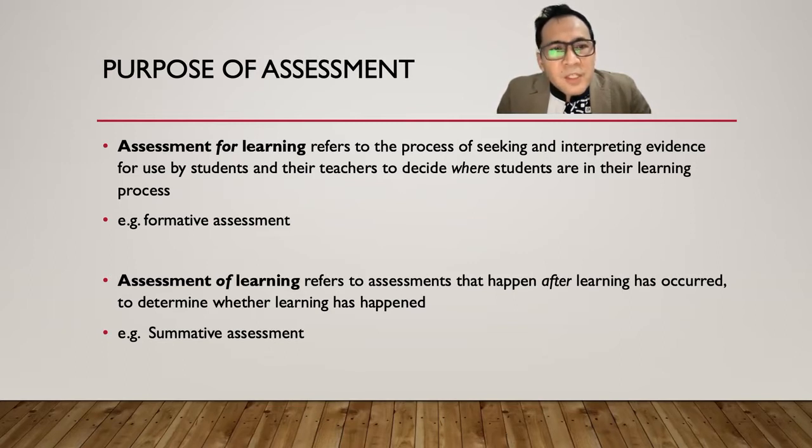Let me explain these two different terminologies. The first one is assessment for learning. Let us see the slide. It refers to the process of seeking and interpreting evidence for use by students and their teachers to decide where students are in their learning process. It is about ways of implementing the assessment in the classroom to know the progress of the students.